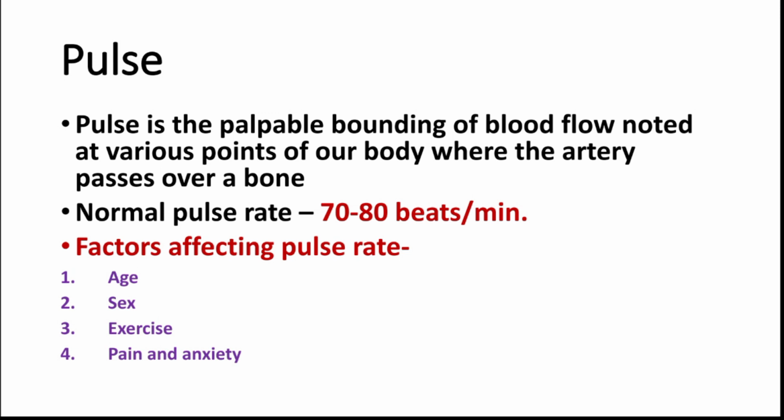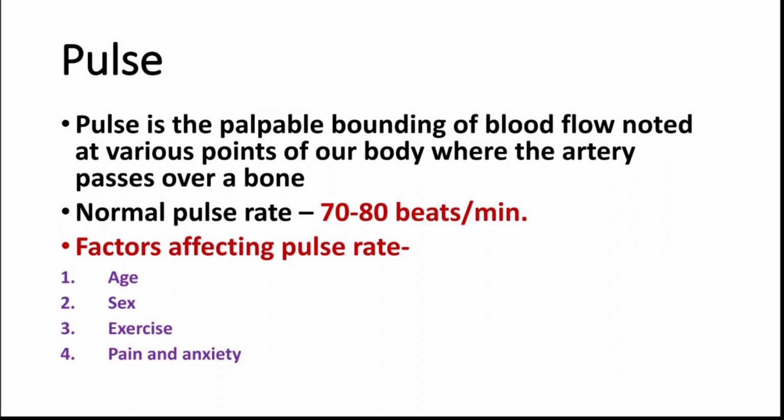Pulse is generated due to the ejection of the stroke volume, meaning that by each contraction of our left ventricle the blood is pumped through the aorta, which is called stroke volume.